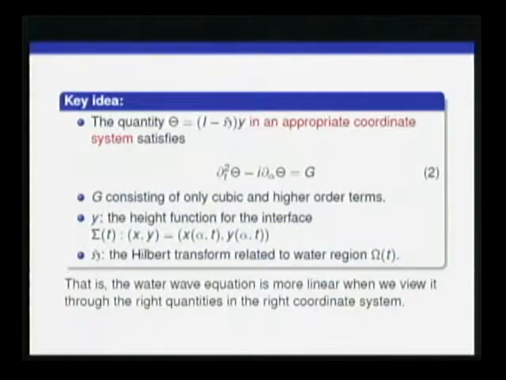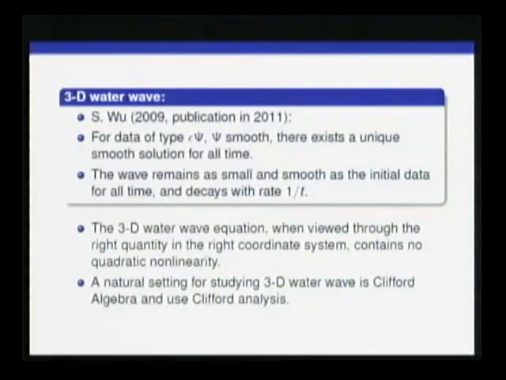Okay. And in 3D, we have a similar result: because your decay rate is better, you can solve for longer time. So for example, if your data is of size epsilon, you can solve for all time, and the wave decays like 1 over t, and the wave remains small and smooth. Okay.